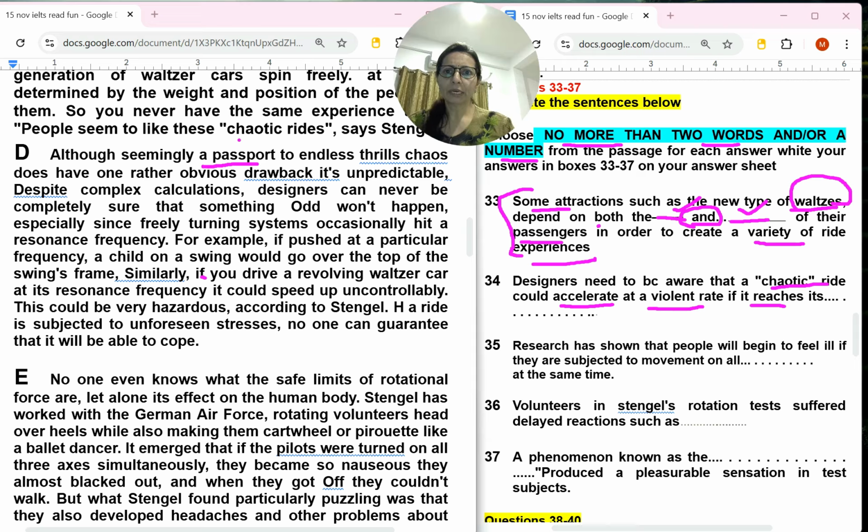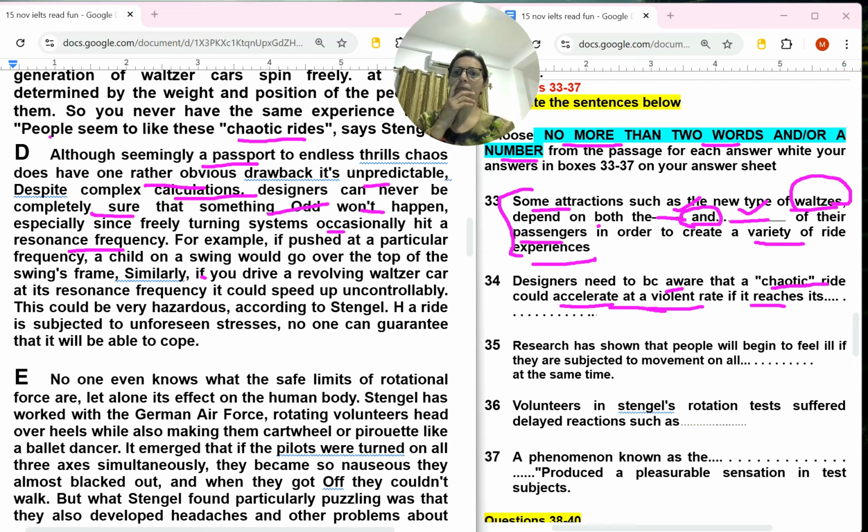Chaotic ride, they have started talking about this, but designers need to be aware when the speed accelerates at a violent rate, which means speed at its highest. Let's read it. It does have one rather obvious drawback. It's unpredictable. Despite complex calculation, designers can never be completely sure that something odd won't happen, especially since freely turning systems occasionally hit a resonance frequency.